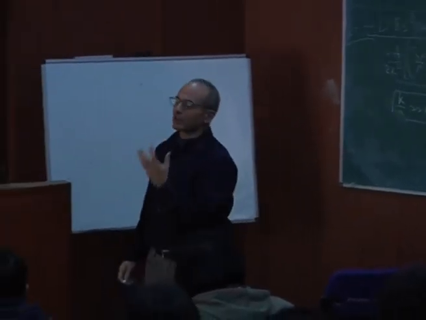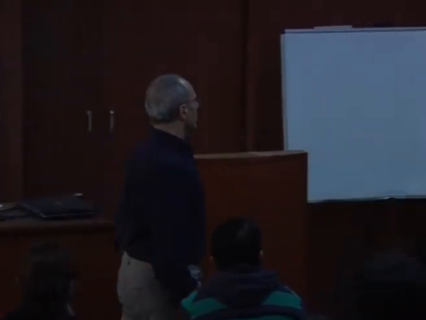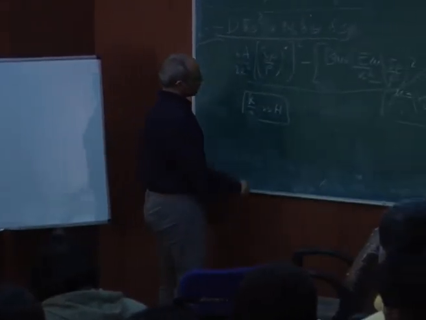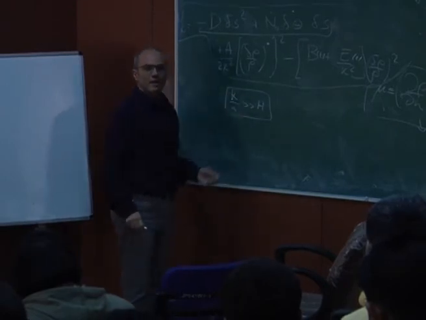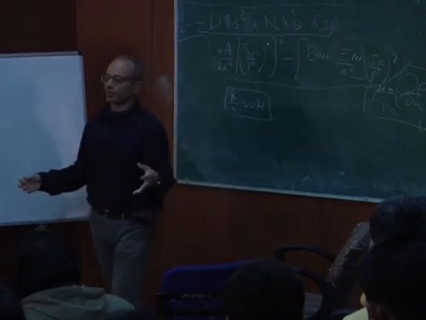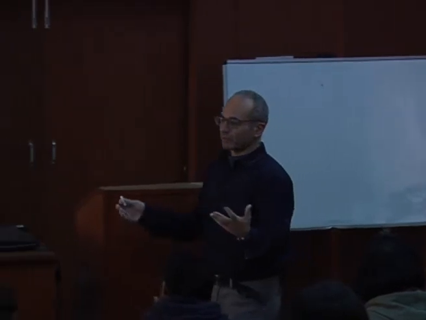Okay, so what is this condition? This condition means I look for energies of my modes which are much larger than the typical background energy scale, which is h, at any time.